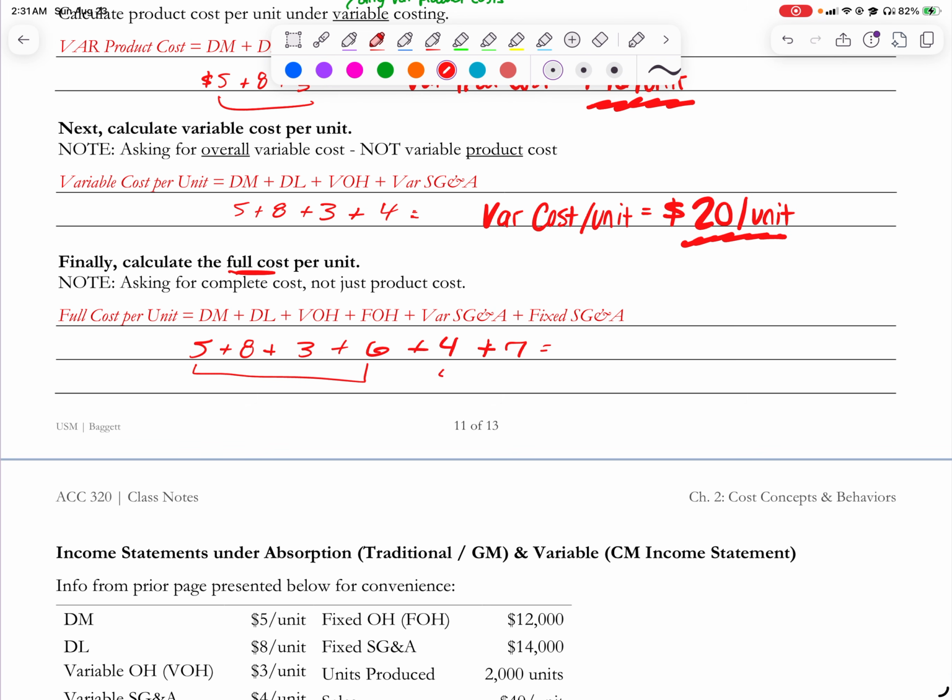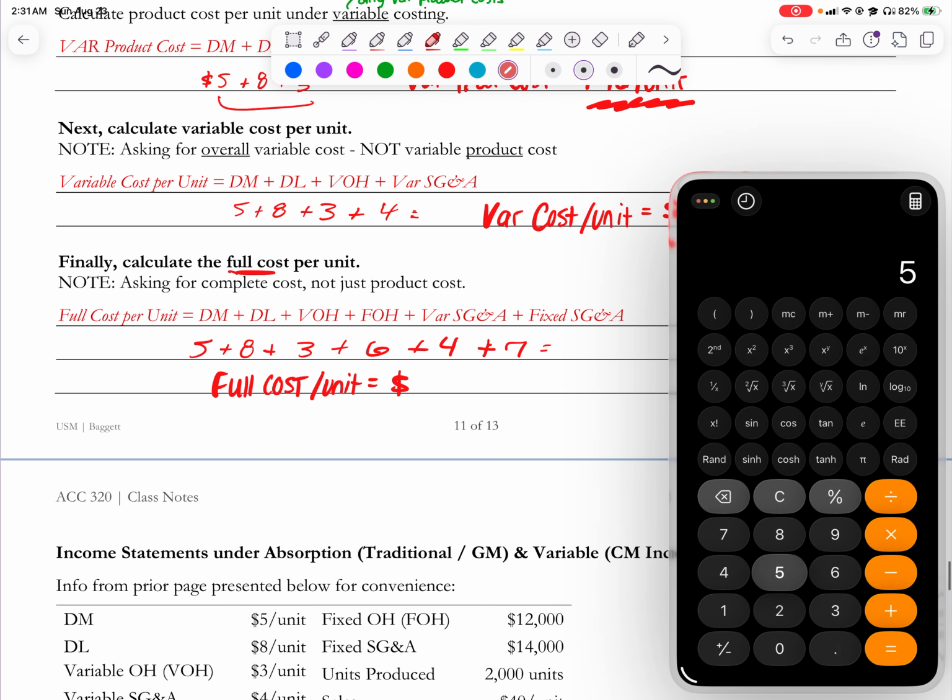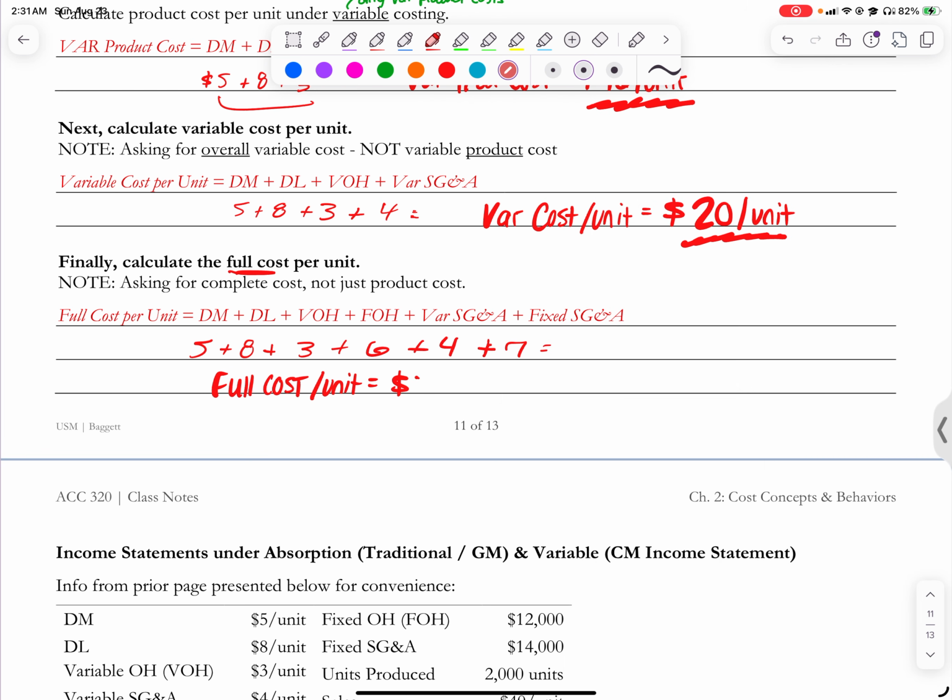So all the product costs and both elements of the period cost. Add those up. $33 per unit.